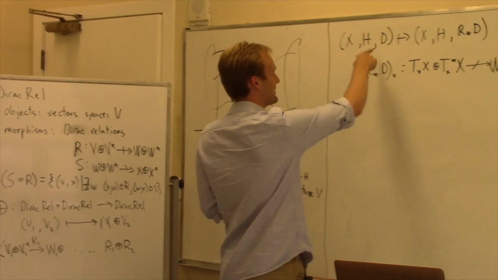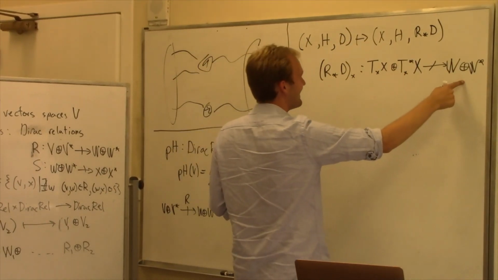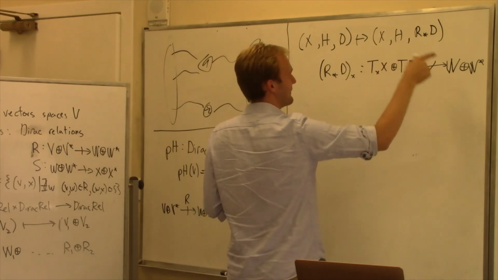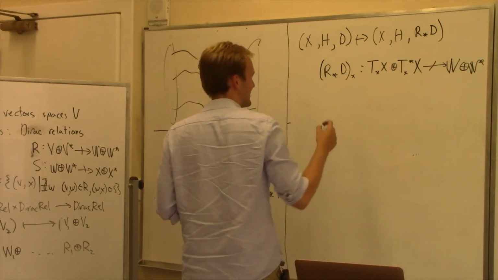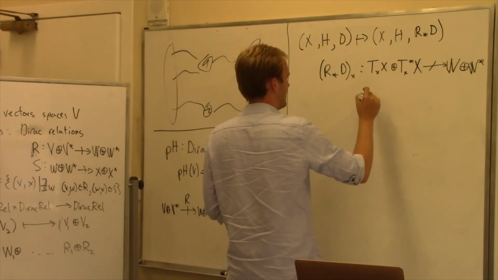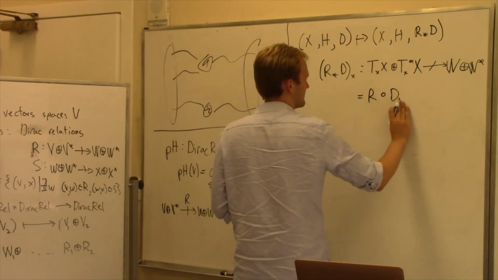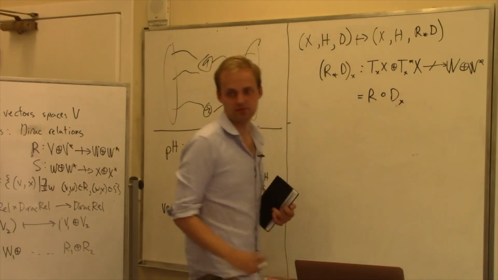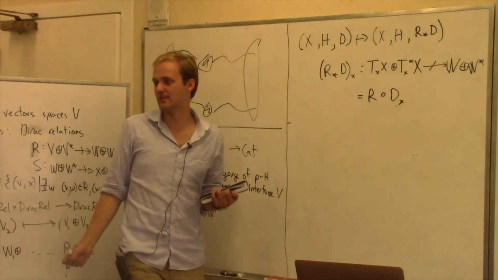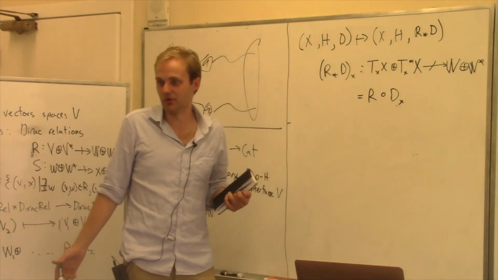We have a relation from this to V, and we have a relation from V to this, so we just compose them. So this is equal to R compose D sub X. So the action of this functor on morphisms is pretty simple.